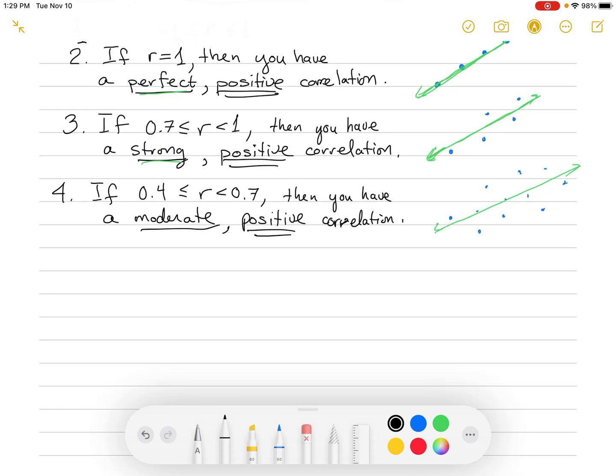Okay, number 5. If R is greater than 0 and less than 0.4, then you have a weak positive correlation.